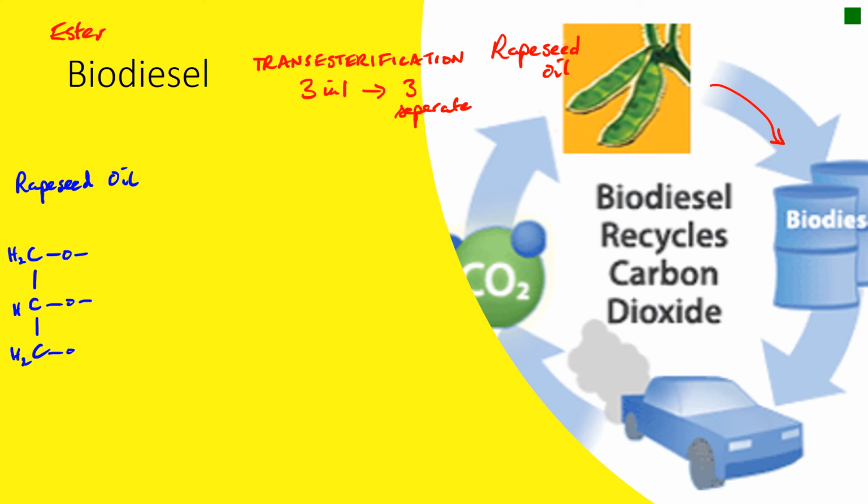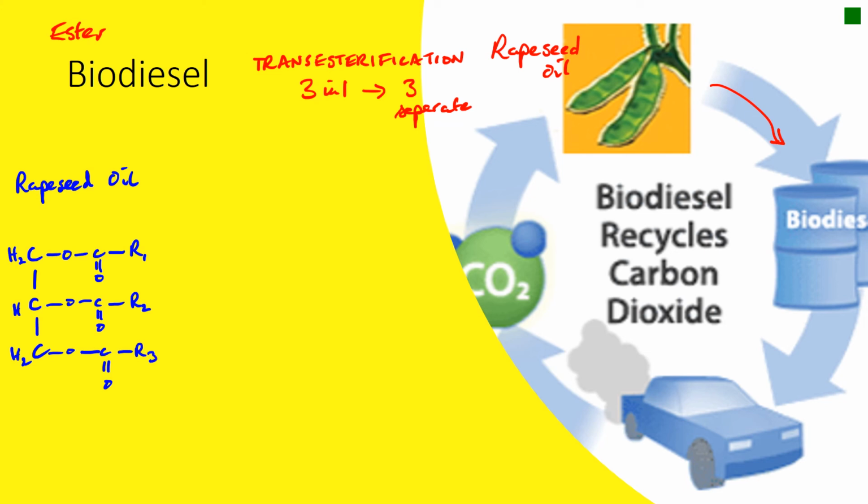Let me just make that ester link nice and neat. And next to the ester link, of course, is our carbonyl group. And then the alkyl group of our fatty acids, which may be the same, may be different, about 18 carbons in these alkyl groups.